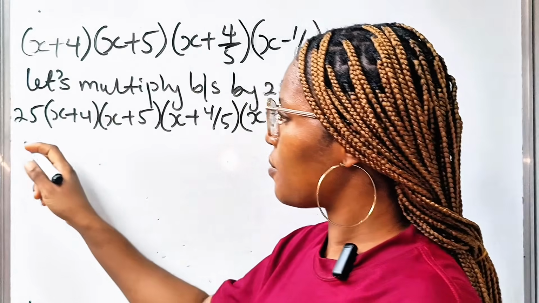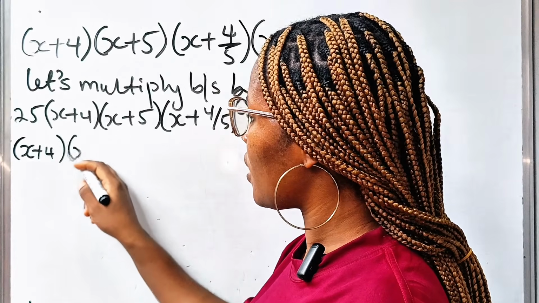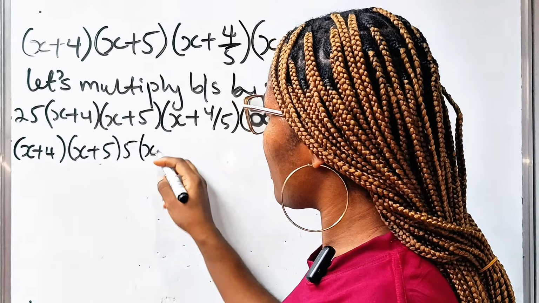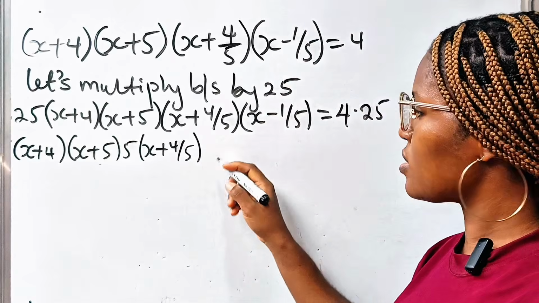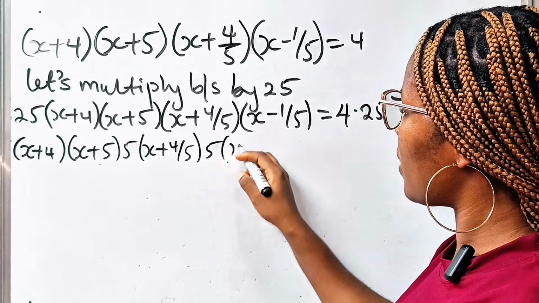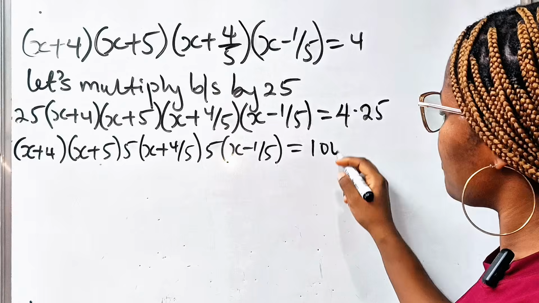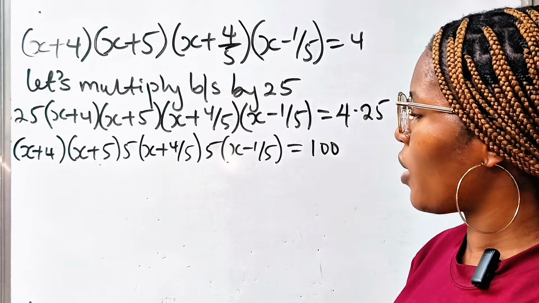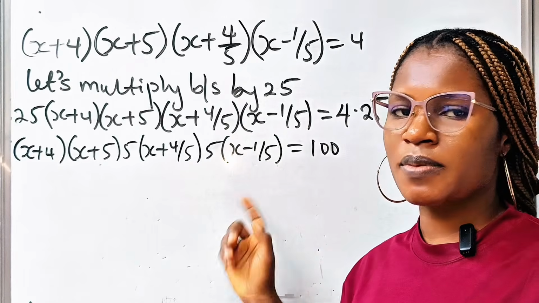So I will have 5 multiplied by (x + 4)/5, then the remaining 5 multiplied by (x - 1)/5 is equal to 100. Nice. All right. So we're going to open this bracket and open this bracket as well.